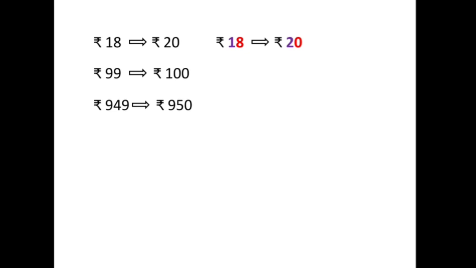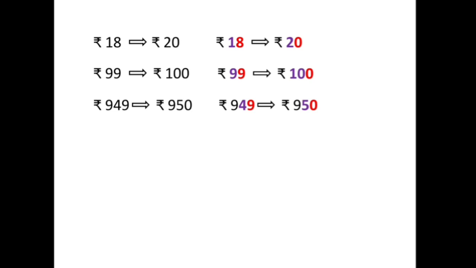If we apply the same thing, the ones place is 9. 9 becomes 0 and the tens place having 9 added by 1 gets 10. Here 949 becomes 950. So here the ones place became 0 and the tens place is added by 1.